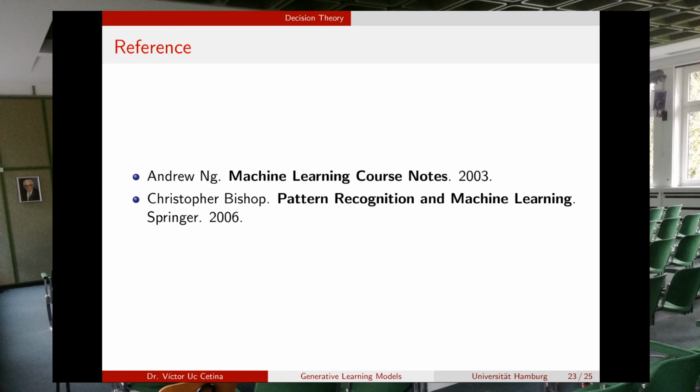So this was all about generative models, Gaussian discriminant analysis as a specific generative model, and some information about the decision theory that is more relevant for classifiers.